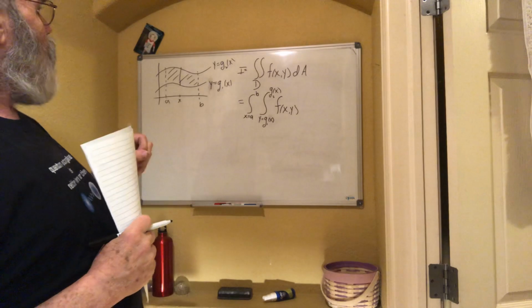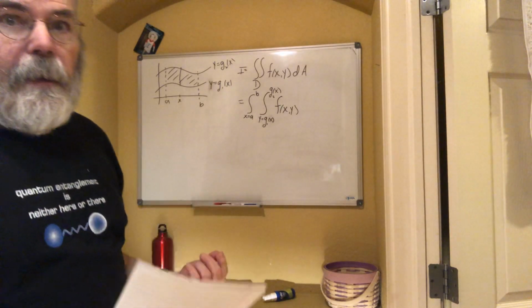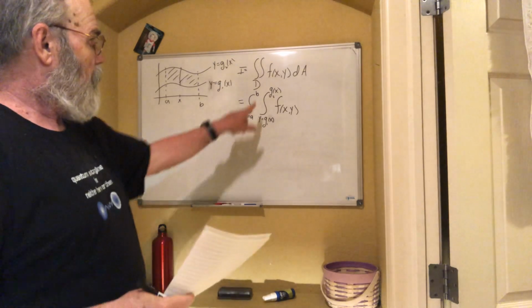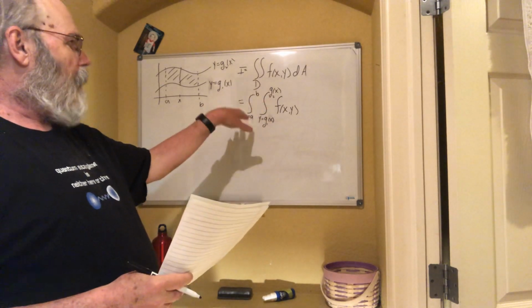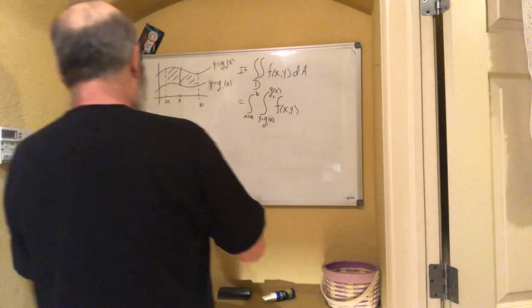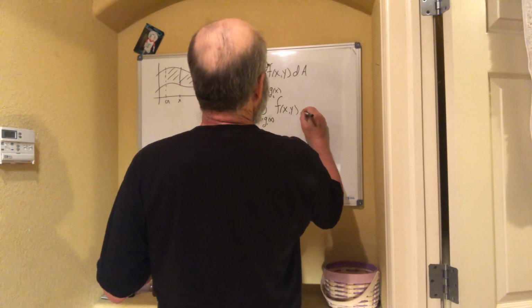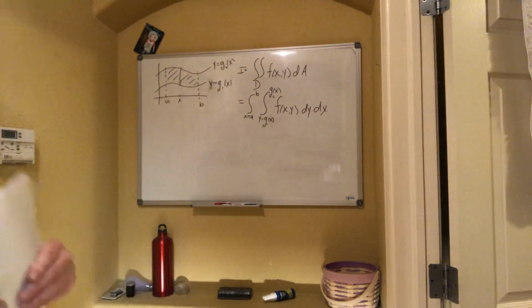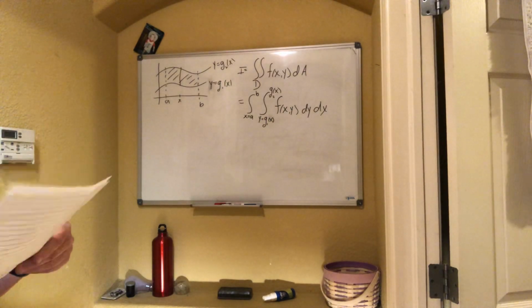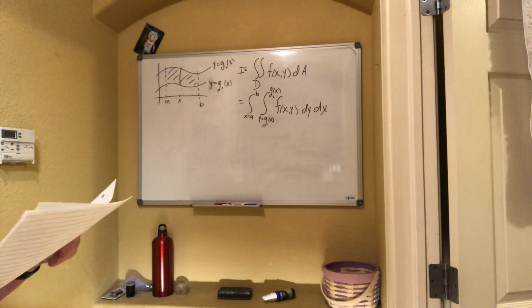Now, if I'm doing it like this, vertically simple, everything I was just saying means the y integral has to come first, because that depends on x. So I have to get that out of the way, then I can do this one. That means I have no choice in the order for this case. I have to integrate over y first, my bad.